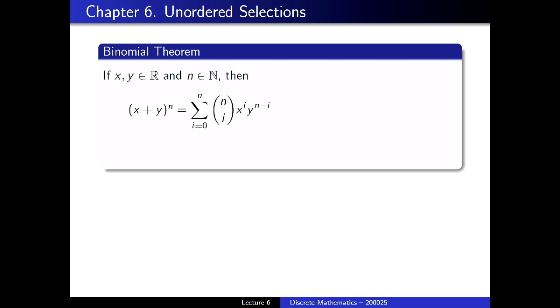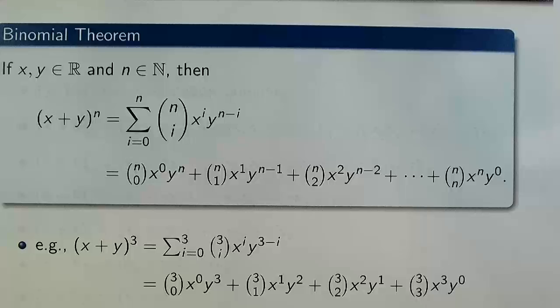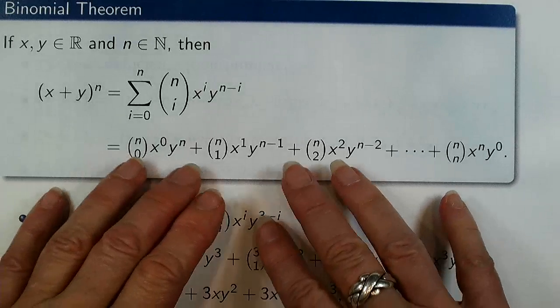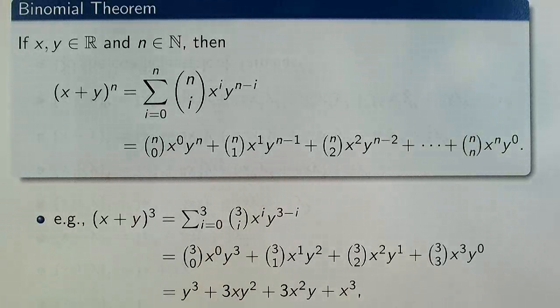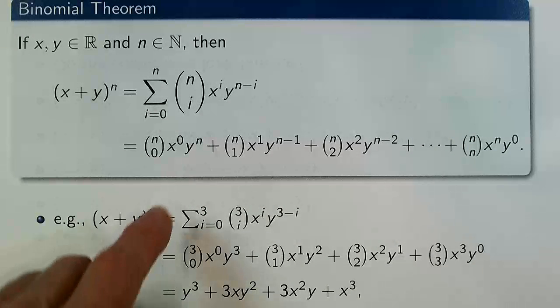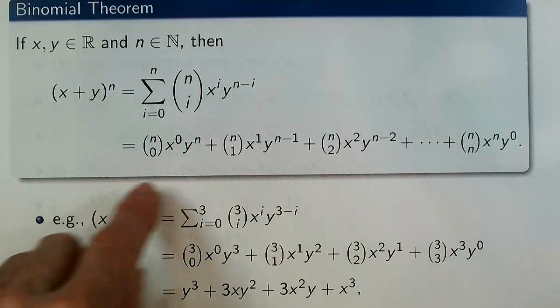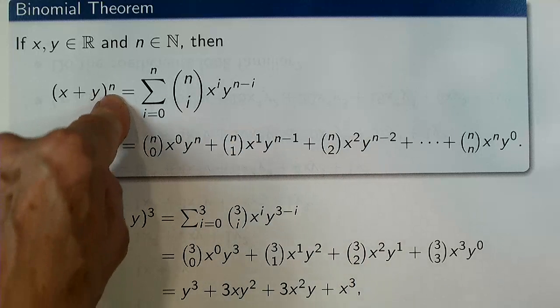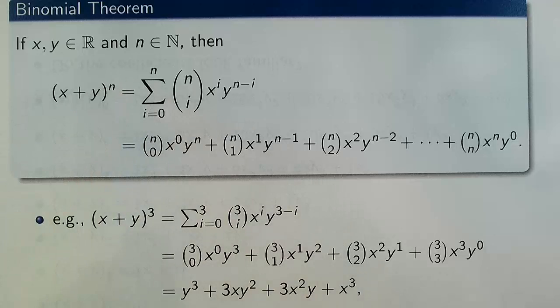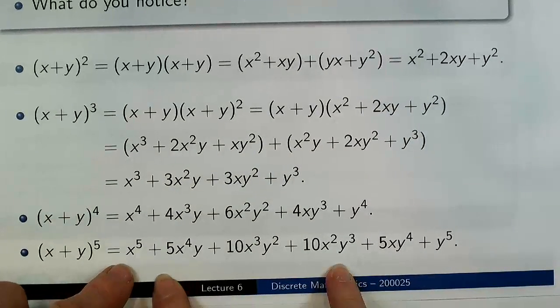So, in general, that's the pattern we're seeing. We've got all the possibilities of powers of x and y where the exponents add up to n. And you might like to go back a couple of slides. Let's look, for example, at the (x plus y) to the 5th.